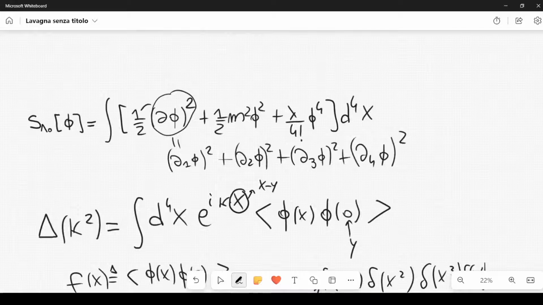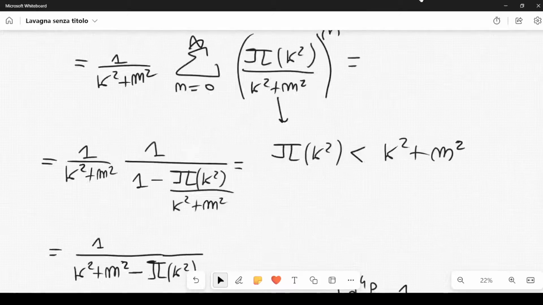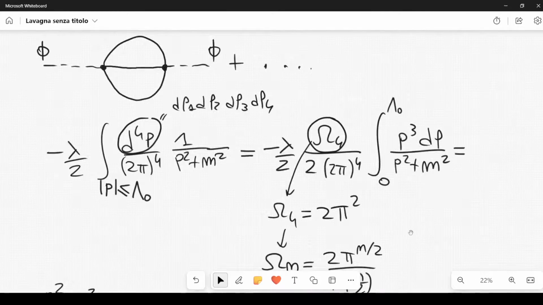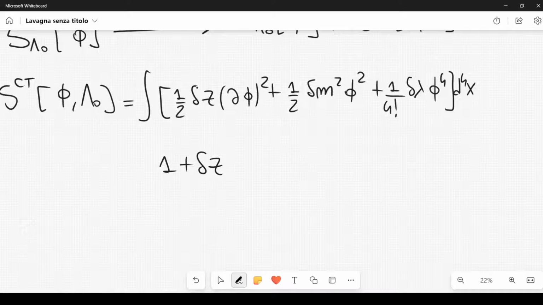So you can see that it is multiplied by 1 here, 1/2 times 1 times (partial phi) squared. So what we get in here is 1 plus this delta z, and then we have another contribution of the kind m squared plus delta m squared from this one. Then we have this delta lambda, so we have lambda plus delta lambda, right?